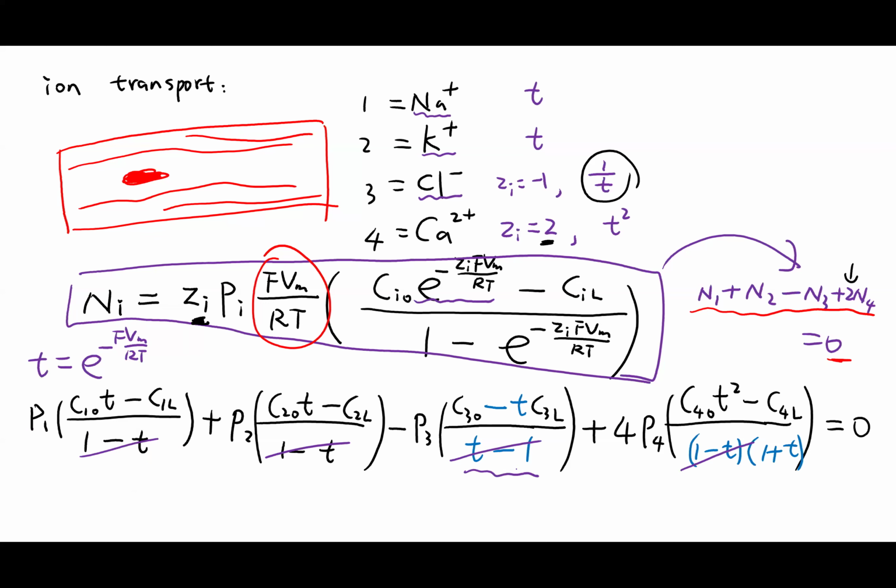This will change the sign, because each of the others is 1 minus T, and this one is T minus 1.